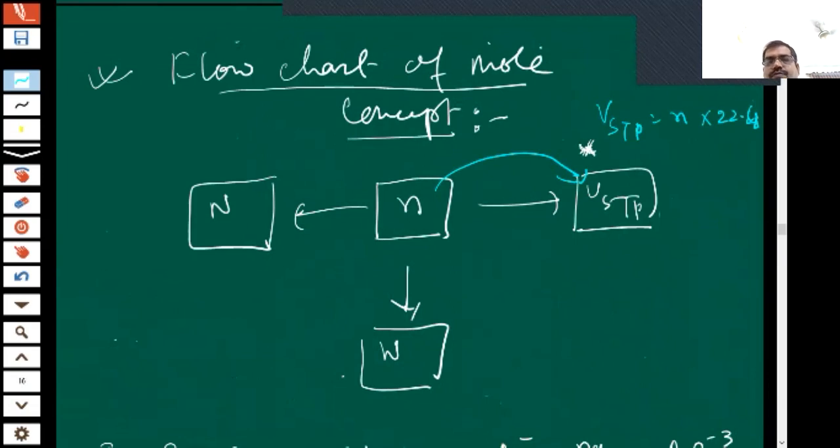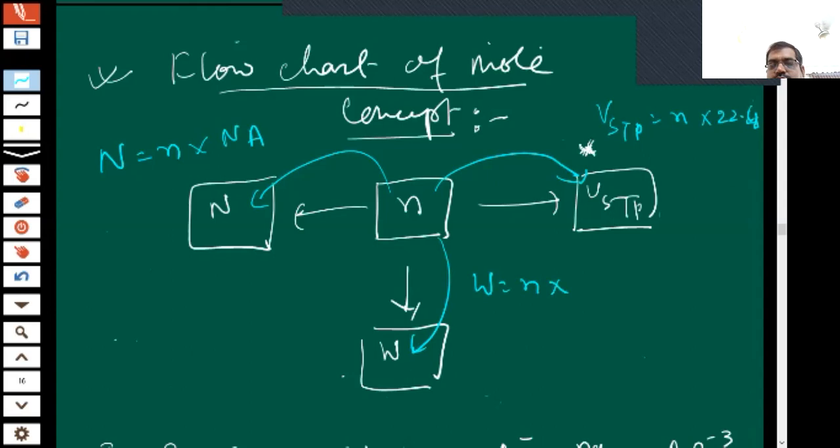Liter per mole. When you are coming from this side, you can calculate number of particles is equal to number of moles into Avogadro's number. When you are coming to this, you can calculate W is equal to number of moles into molar weight.